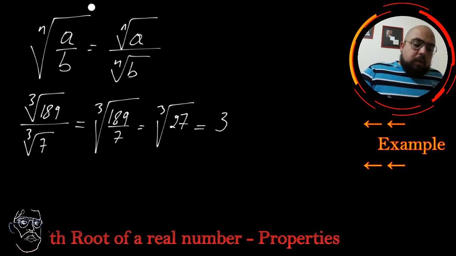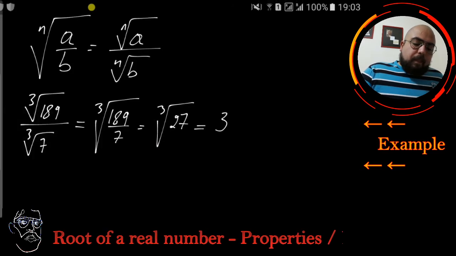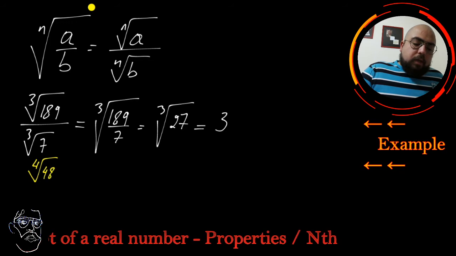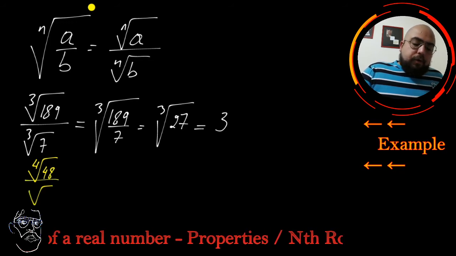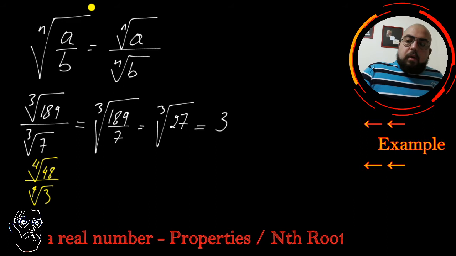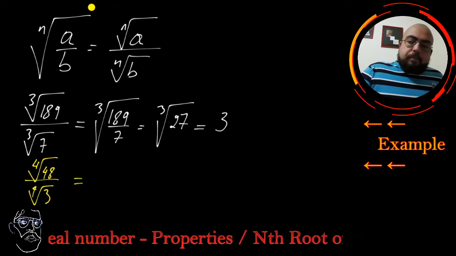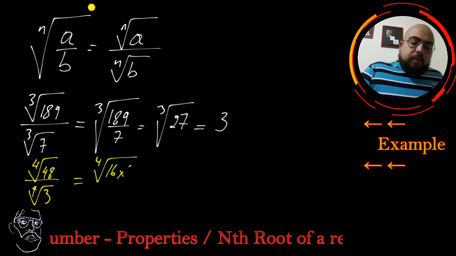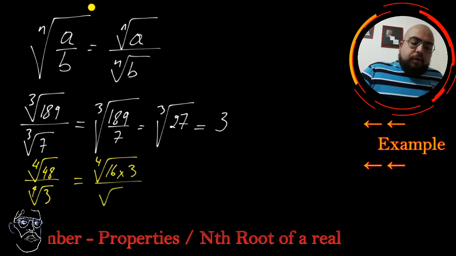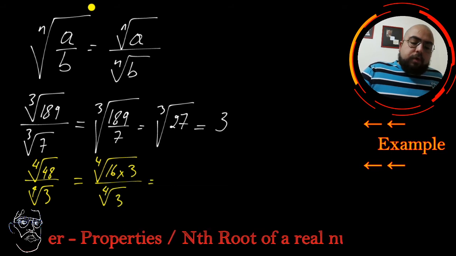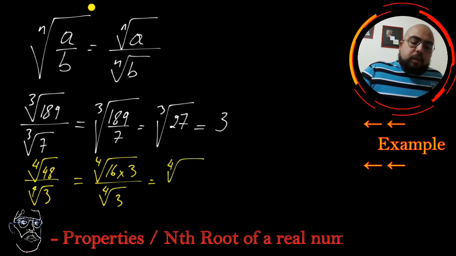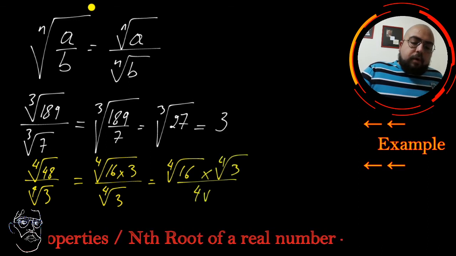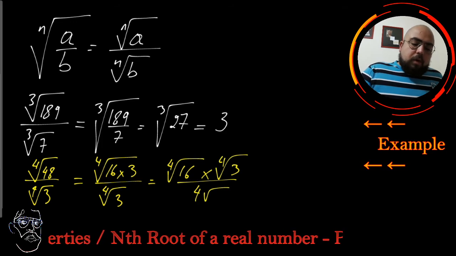Similarly, I'm going to take another example. What about the fourth root of 48 over the fourth root of 3? It's equal to the fourth root of 16 times 3 over the fourth root of 3, which is equal to the fourth root of 16 times the fourth root of 3 over the fourth root of 3.